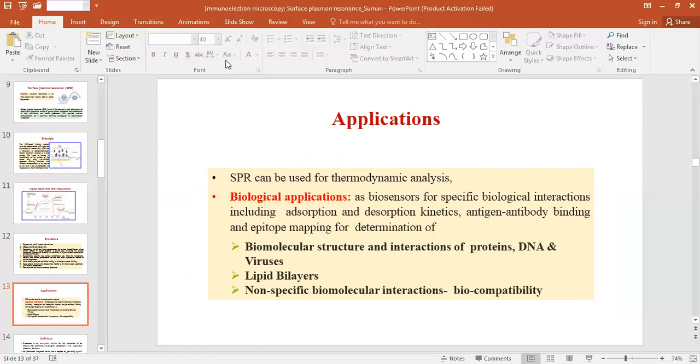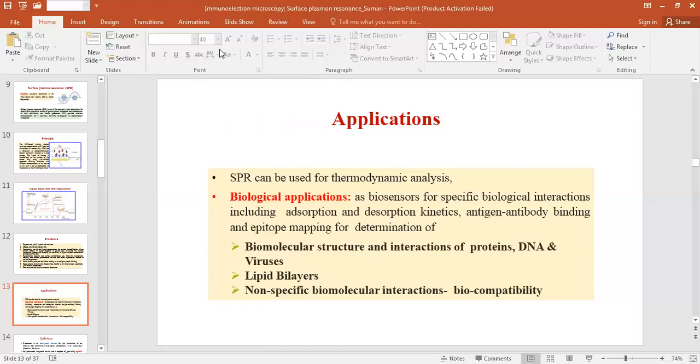SPR has different biological applications, such as in biosensors for specific biological interactions, including absorption and desorption kinetic studies, antigen-antibody binding studies, epitope mapping for determination of biomolecular structures, antigen-antibody structure, and interactions between proteins, DNA, proteins, and viruses. We can also use surface plasmon resonance in the study of lipid bilayers.